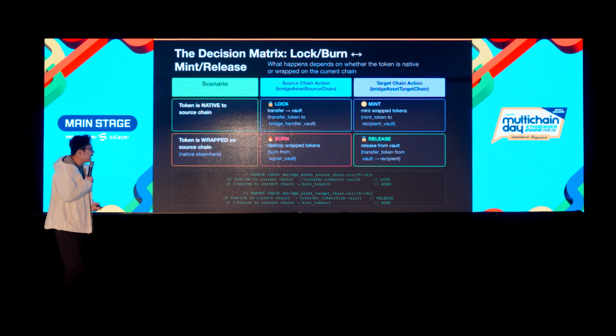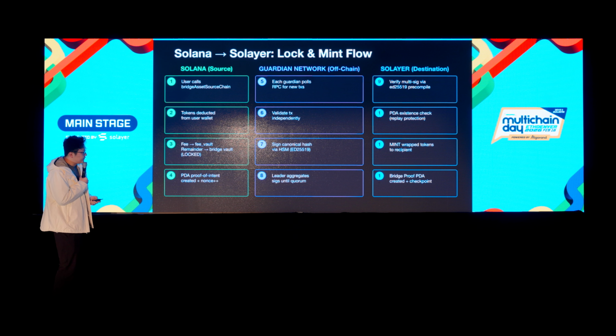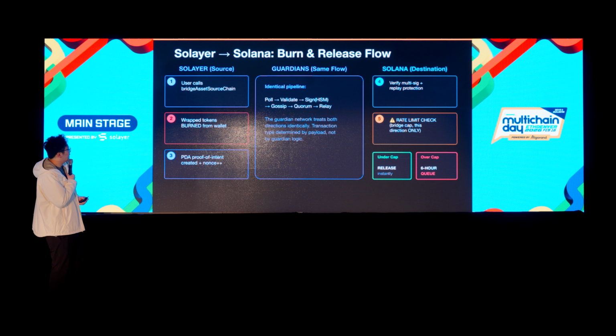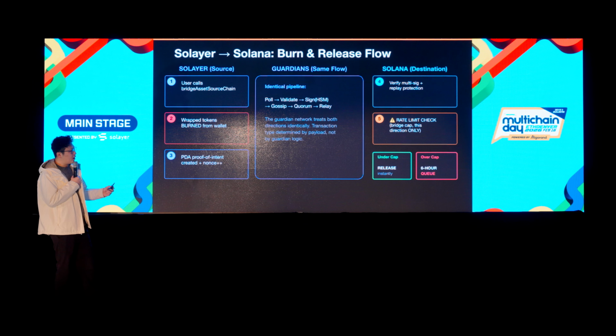The rough process in terms of going from Solana to Solayer and going back from Solayer to Solana is this. Going to Solayer, it's lock and mint, and going from Solayer to Solana, it's burn and release. And there are specific things that we have put in place from Solayer to Solana. In terms of the burn and release flow, we've also added a step number 5, which is a rate limit check, what we call bridge cap.